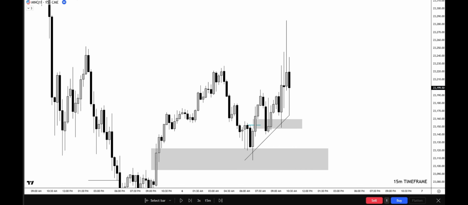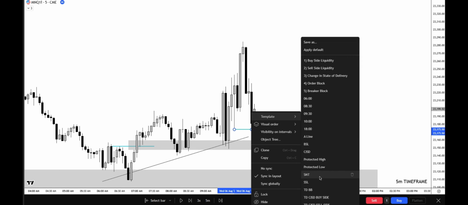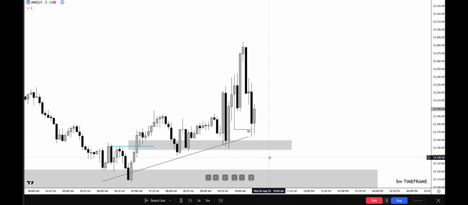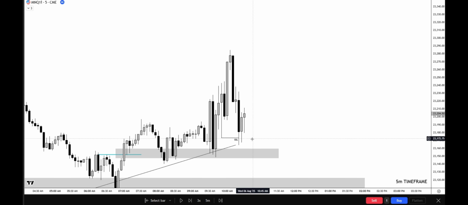Let's go to 5 minutes and look for our entry. I do have a manipulation leg here, a sweep of sell side. After this sweep of liquidity, what I need to see is change in state of delivery. On the 5, I do have a change in state of delivery here.